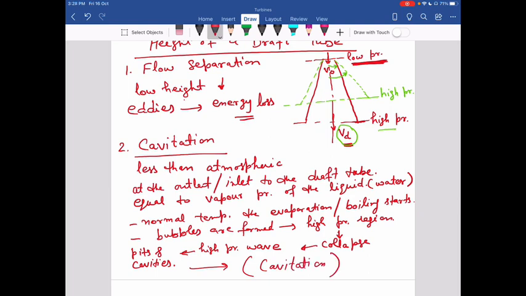So if we increase the length of the pipe beyond a certain limit, then there is a problem of cavitation. So again, we have to avoid this cavitation while selecting the height of the draft tube. So you can say these are the two factors which put a limit on the height of the draft tube.